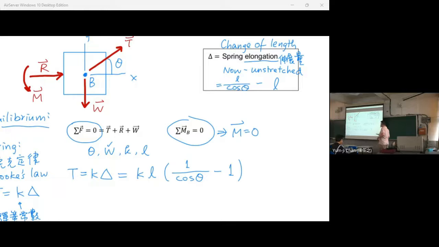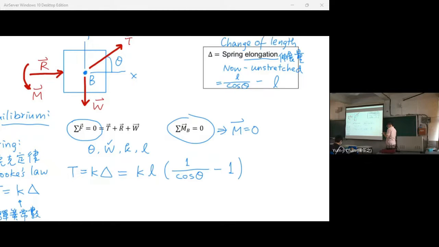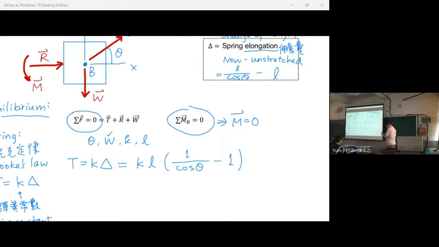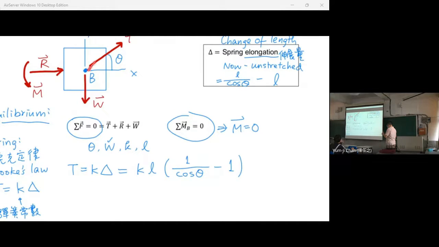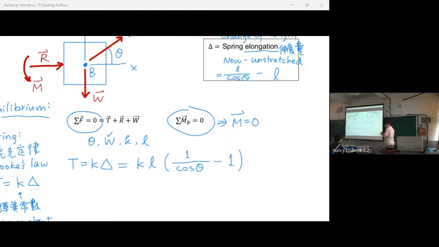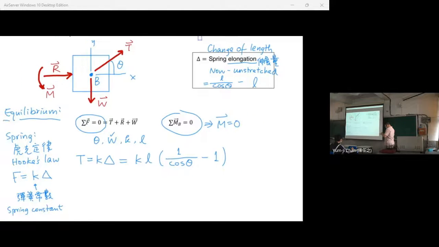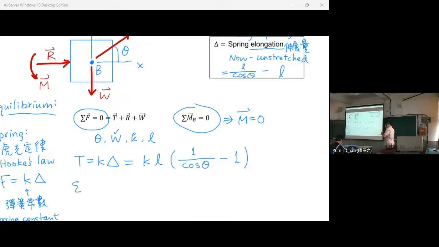Now, because R is in the x direction and W is in the y direction, and T is in both x and y directions, we can consider summation Fy equal to 0, taking upward as positive.